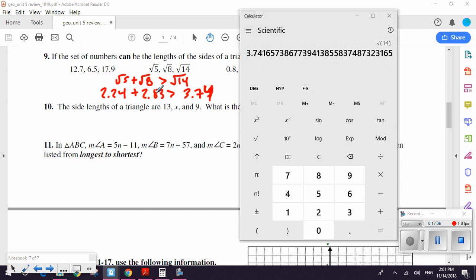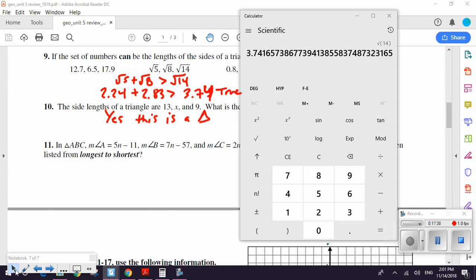So, without even actually adding this physically, can't you see that they're going to be bigger? You have 2.2 point something, so that's going to give you a 4 point something at the minimum, right? And 4 point something is larger than 3.74. So that means yes, this is a triangle, because this is a true inequality.